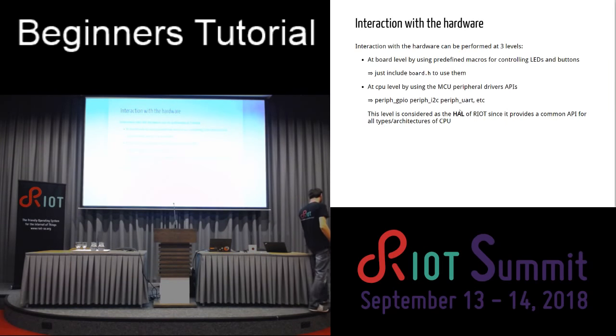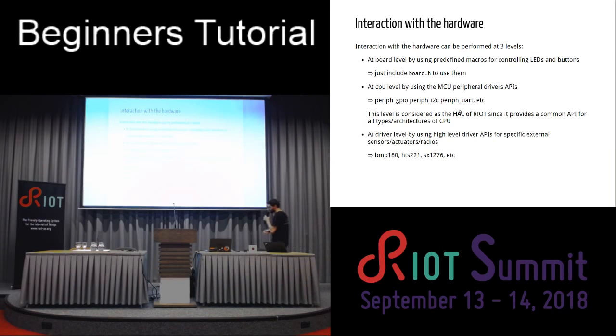Inside those drivers you have calls to the hardware abstraction layer of RIOT, making the drivers theoretically hardware agnostic, which in real life is not always the case, because you can have things with GPIOs.